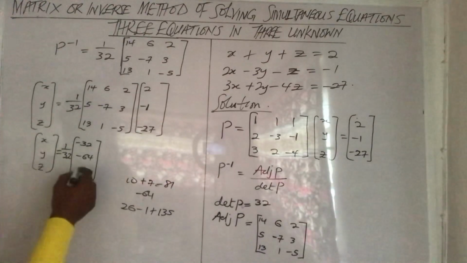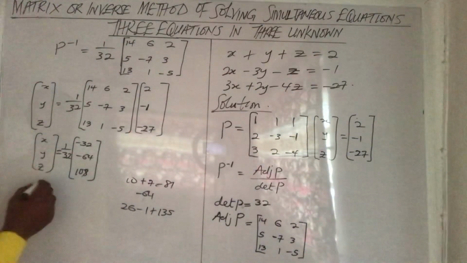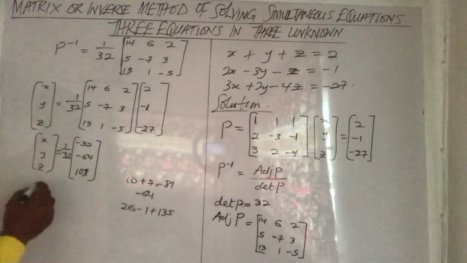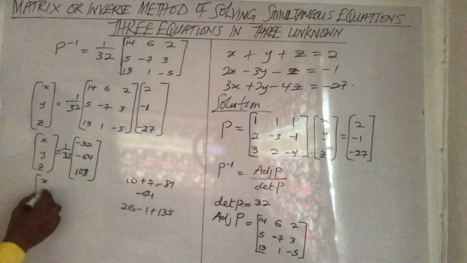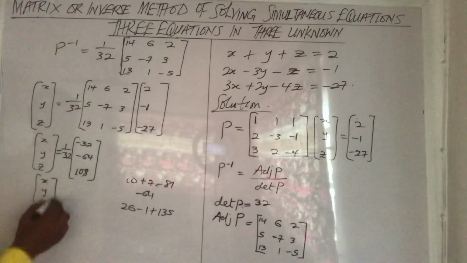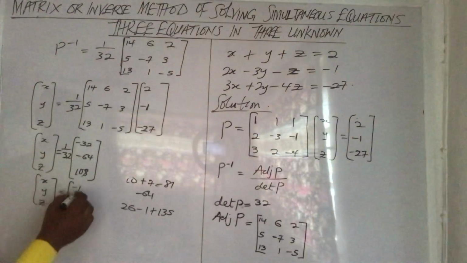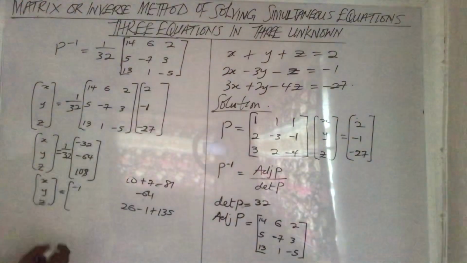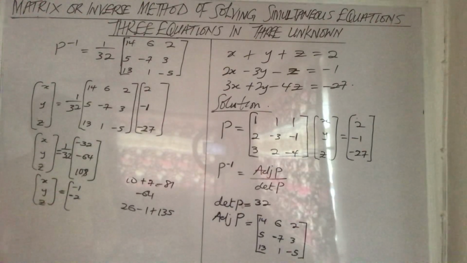So all this divided by 32 now, I will have the value of my x. So x, y, z is equal to minus 32 divided by 32, that will give me minus 1. 64 divided by 32 will give me minus 2. And 108 divided by 32.